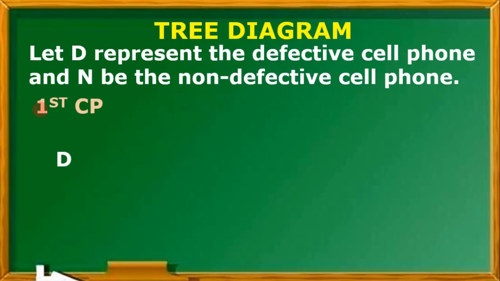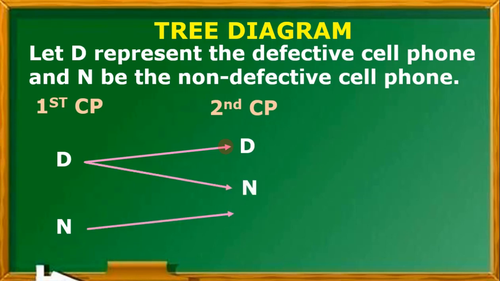The first cell phone could be either D or N. Then the second cell phone could be either D or N. Given that the first cell phone is a defective one, the second cell phone could be either defective or non-defective. Another possibility is that the first cell phone is non-defective, and the second cell phone could be either a D or an N.